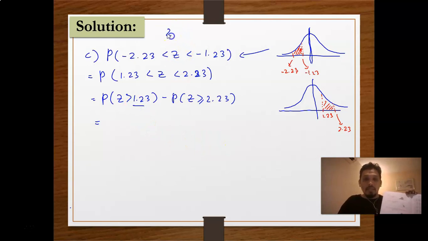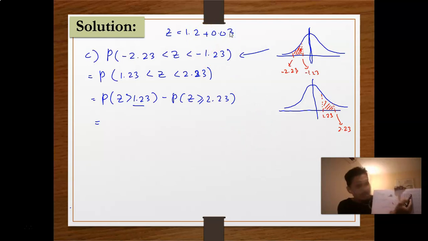Find the Z of 1.2, and then look at the values on the top here. So 1.2 plus 0.03, it is 0.1093.